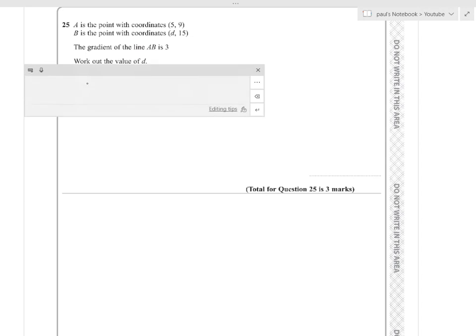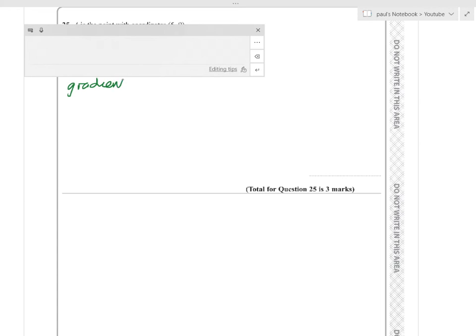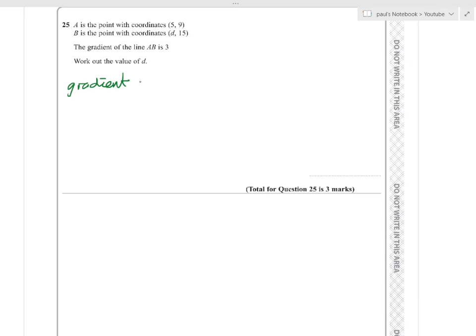Okay, so the gradient is the change in y divided by the change in x. And you've got the gradient is 3. So 3 equals the change in y, here the difference between 9 and 15, which is 6, divided by the difference in x.